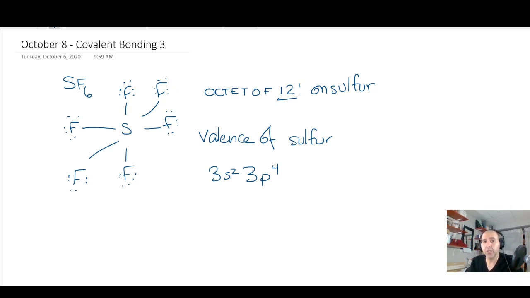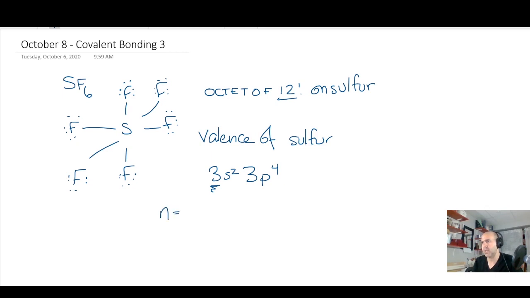And the initial understanding of this was that what's different between sulfur and oxygen is this, right? In the case of oxygen, where the valence is n equals 2, there's only access to 2s and 2p orbitals. But in the case of sulfur, the valence is n equals 3.